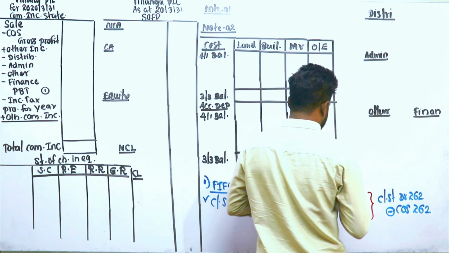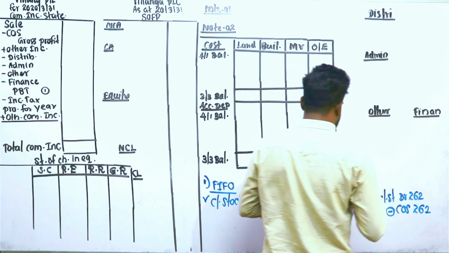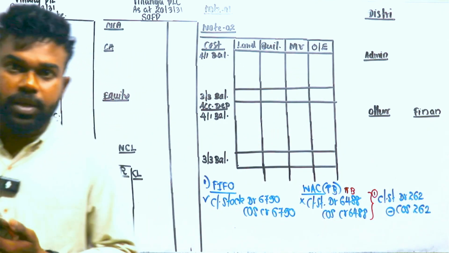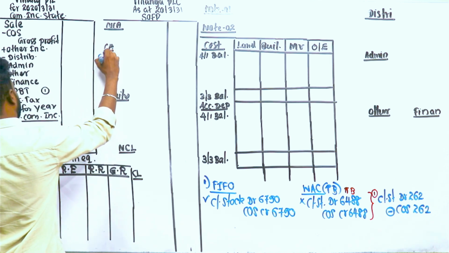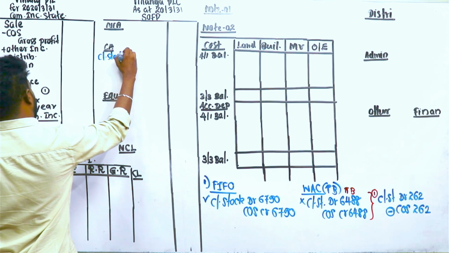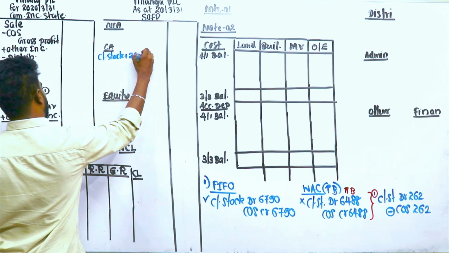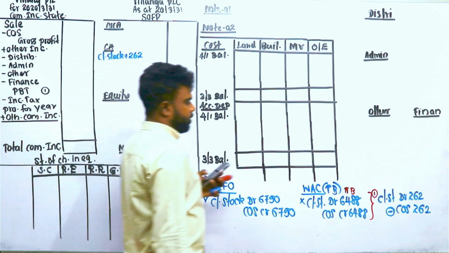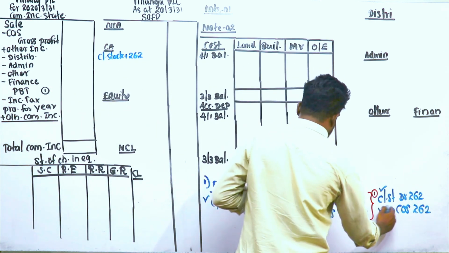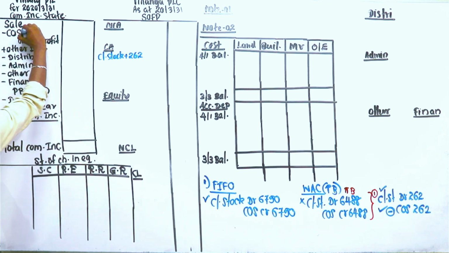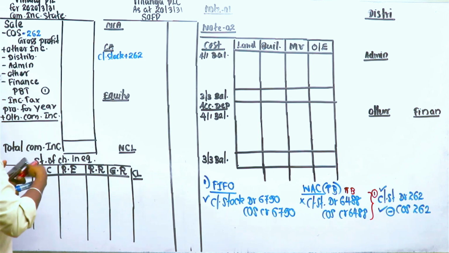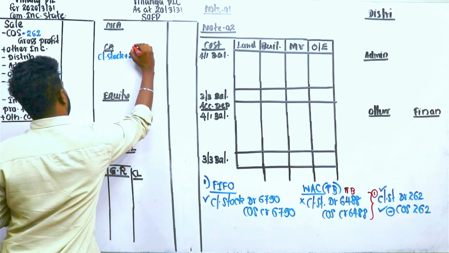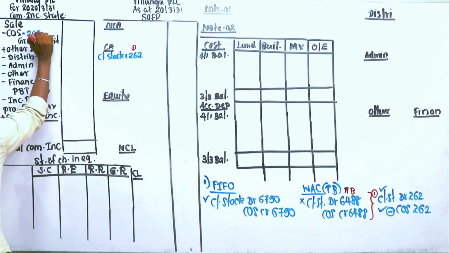Clear, adjustment number 1. The debit entry of 262 is added to the closing stock, and the credit entry is deducted from cost of sales.